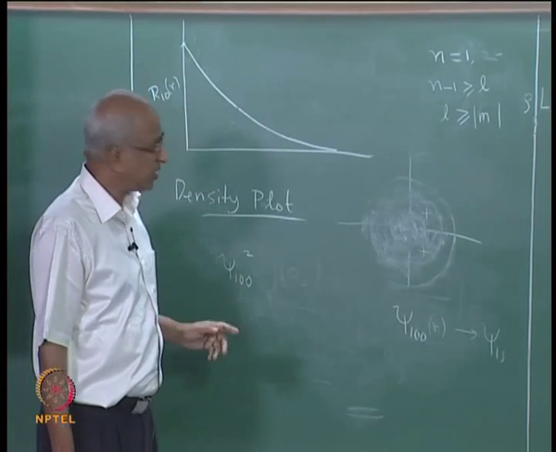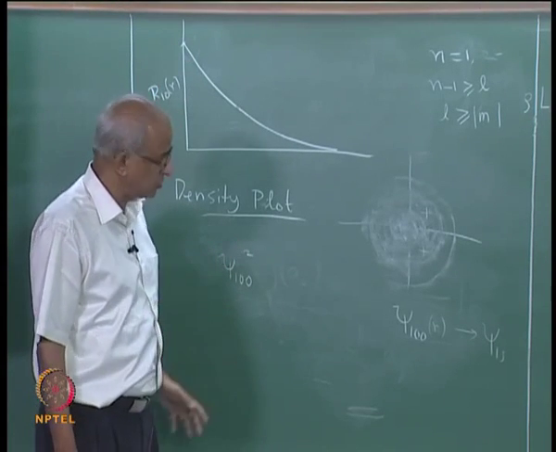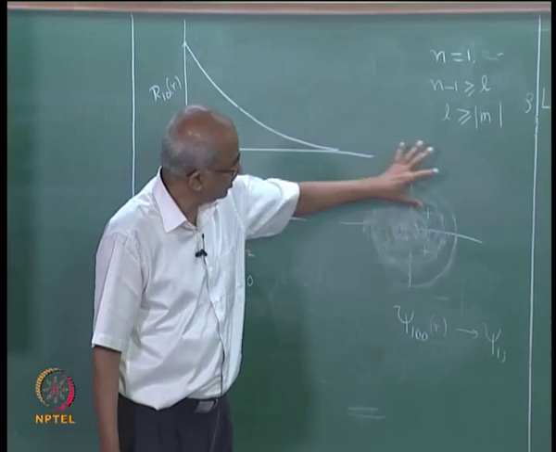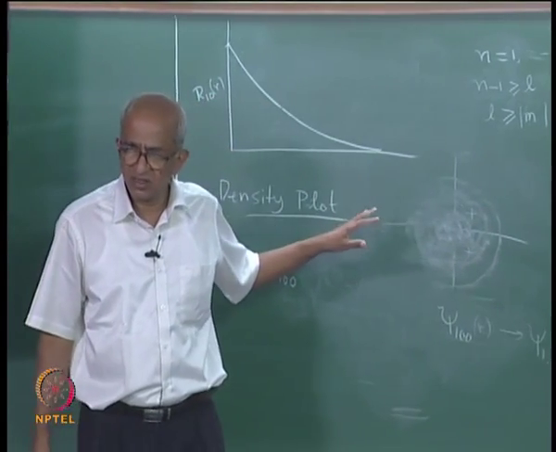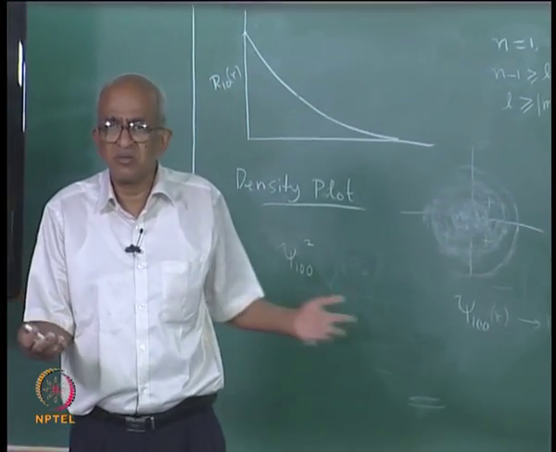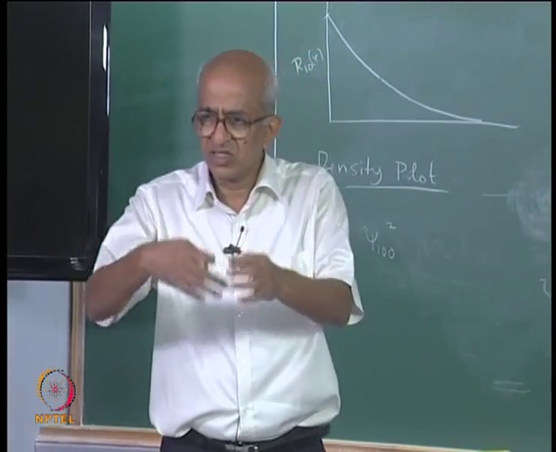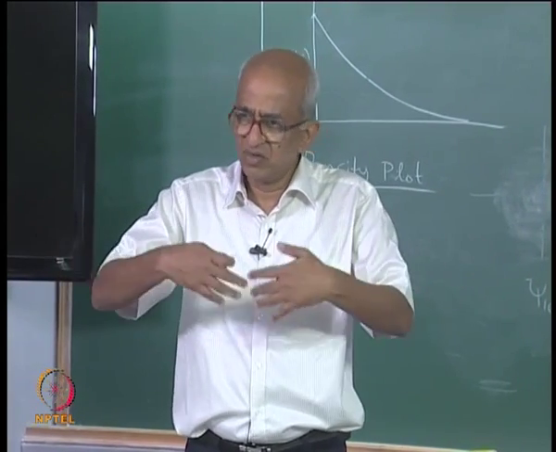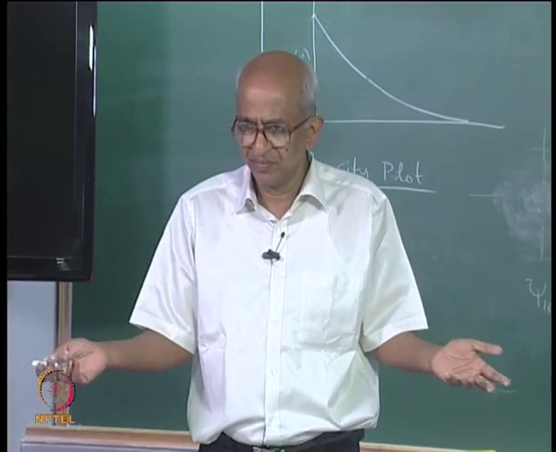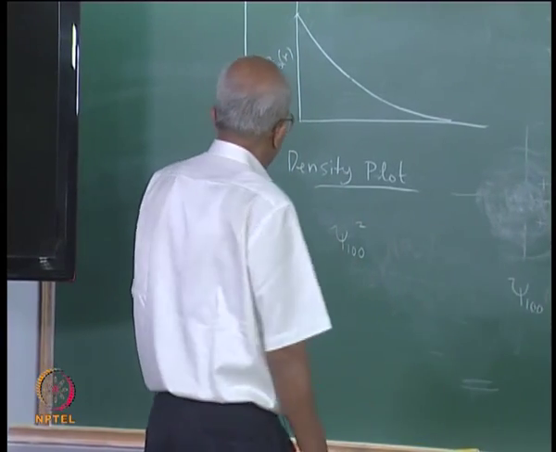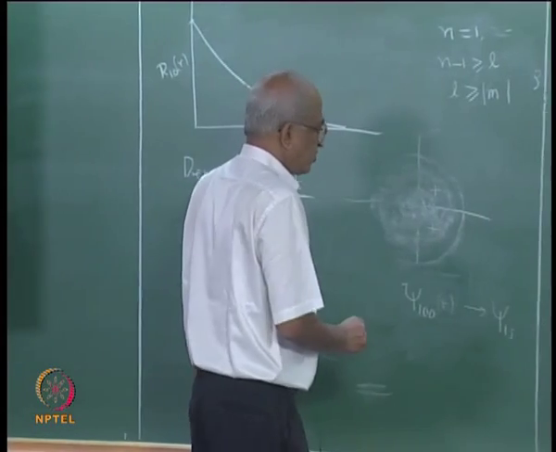You can take the square of that, or you can take psi 100 square and construct a plot just like this, and I am not going to do that. The reason is simple, the appearance is going to be just the same. It will have its largest value at the origin, and as you go away from the origin, the function will simply decrease. So, now I want to ask a question.